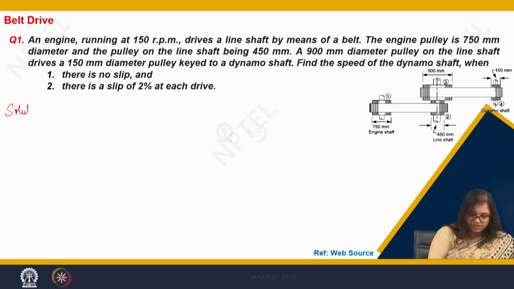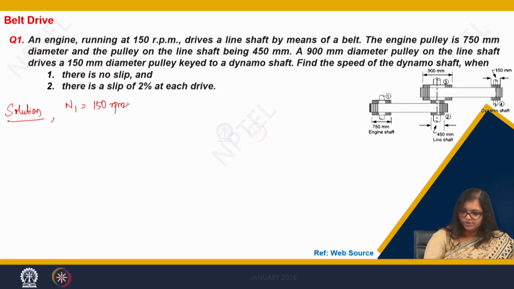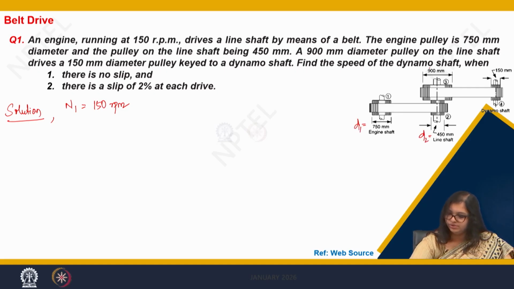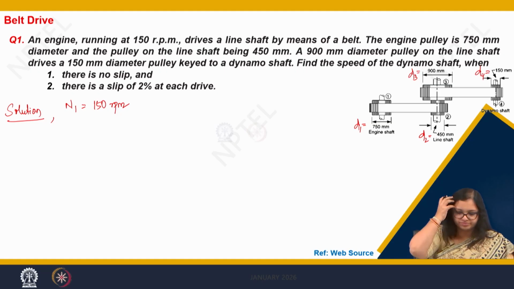Now, coming to the solution. We have N1 equal to 150 rpm. Let us say this is D1, this is D2, this is D3 and this is D4.